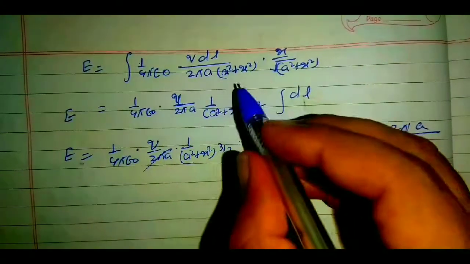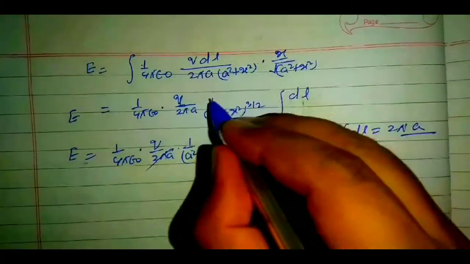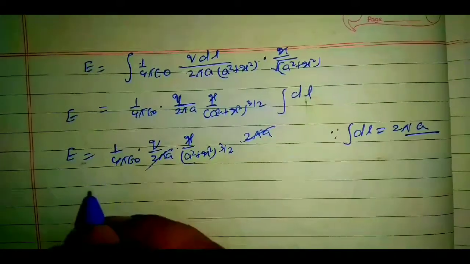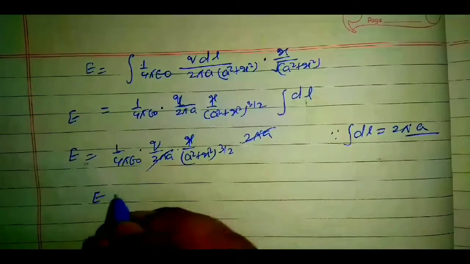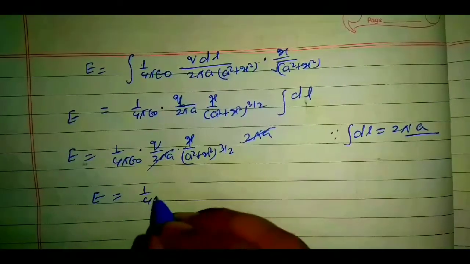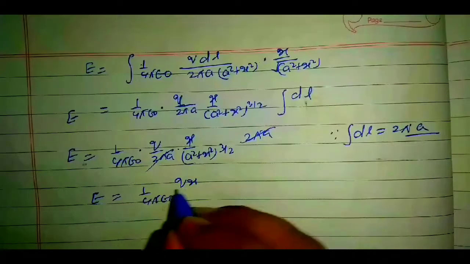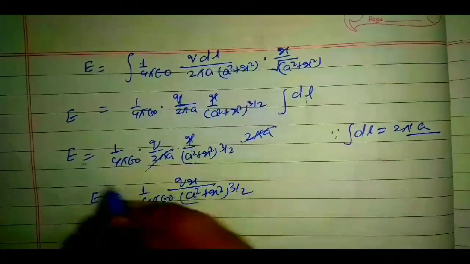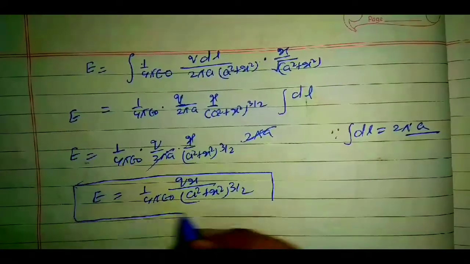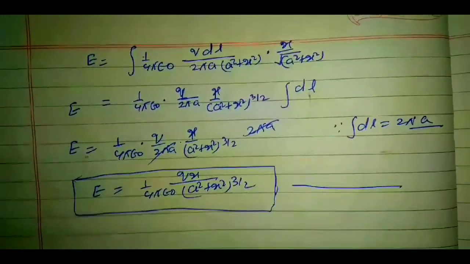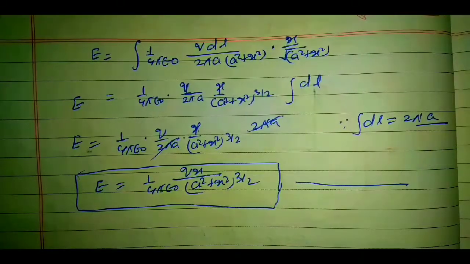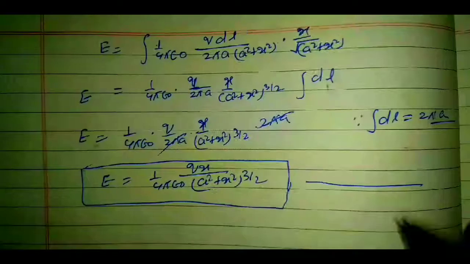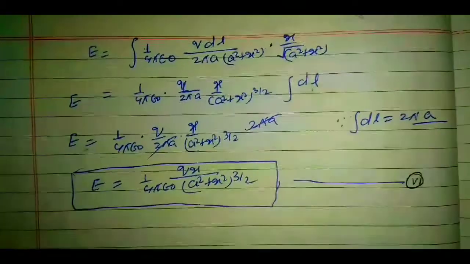And cos theta is one more thing. Here is x also. So what does this become in total? E is equal to 1 upon 4 pi epsilon 0, qx by a square plus x square to the power 3 by 2. It is the net electric field intensity due to the charged ring here. And it can be represented by equation number 6.